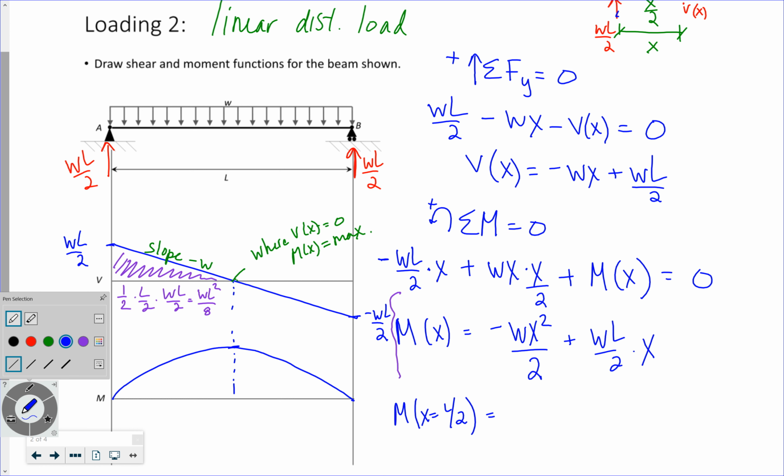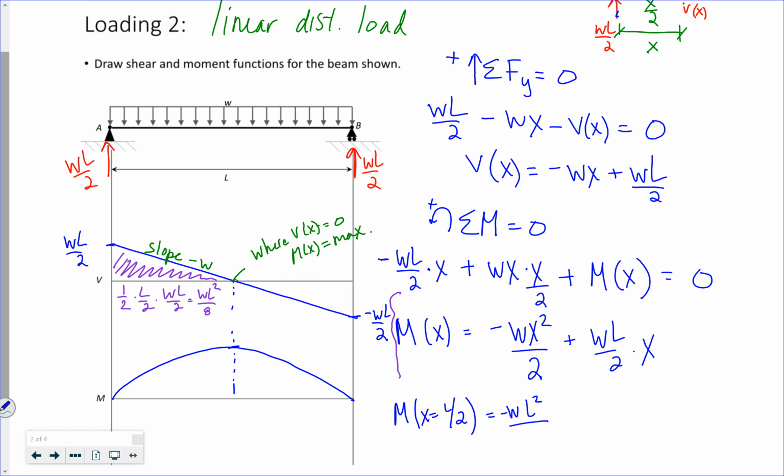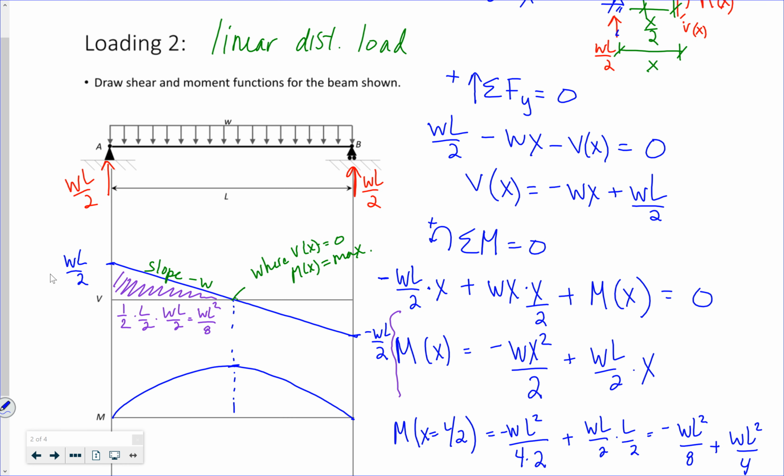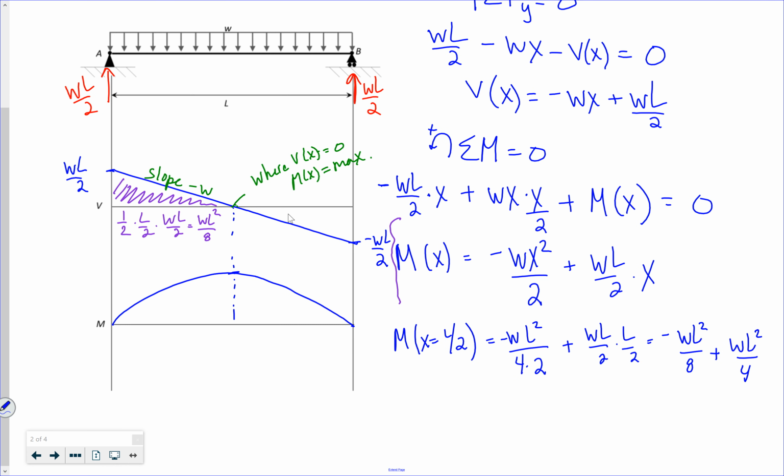I get minus W L squared over 4 times 2 plus W L over 2 times L over 2, minus W L squared over 8 plus W L squared over 4, which is WL squared over 8, right?